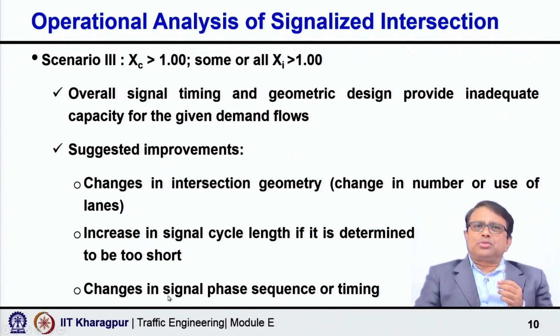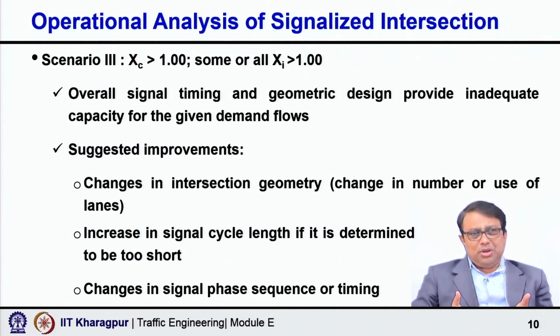And change of course in signal phase sequence or timings as appropriate, along with the changes in additional lane or use of lane, overall changes whatever will happen. So, you have to think of signal phase sequence or timings, all may be changed.